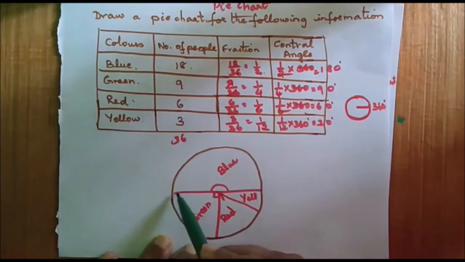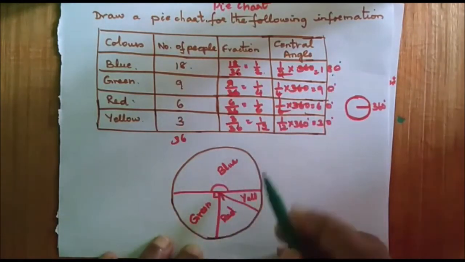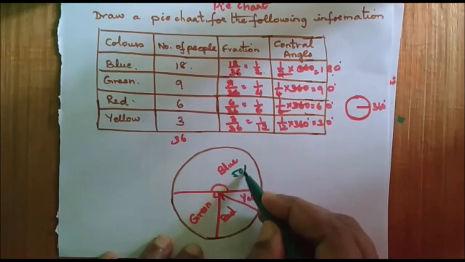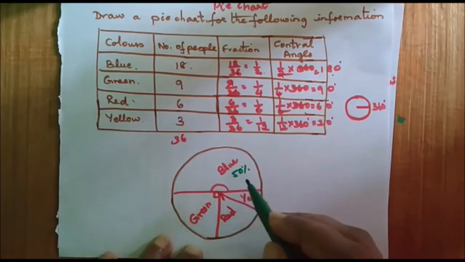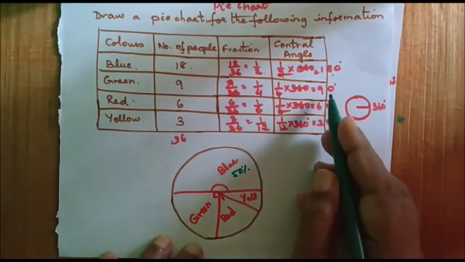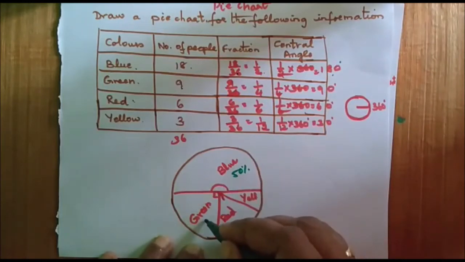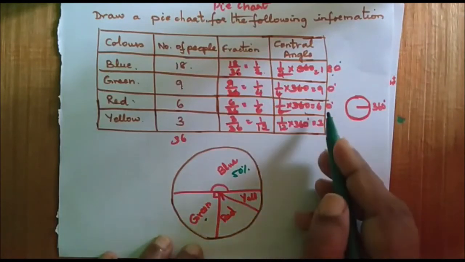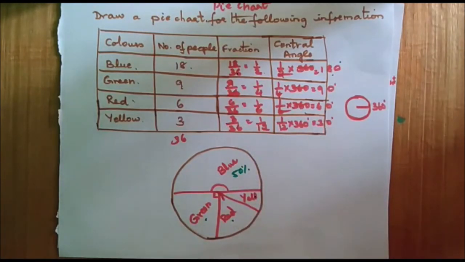So I represent the blue on the pie graph. This is 180 degrees, so it is 50% of the whole. Half of that, 90 degrees, is green, and 60 degrees is red and 30 degrees is yellow.